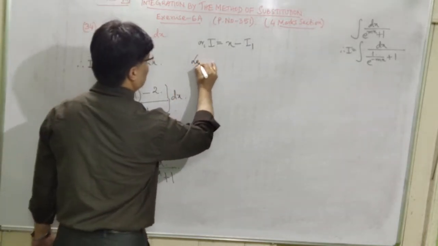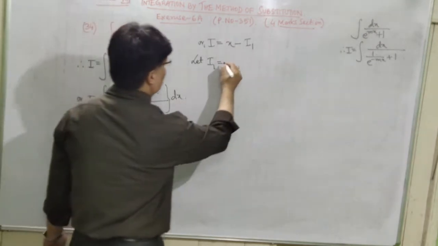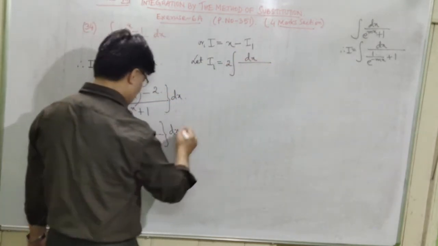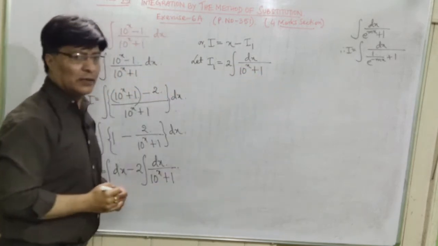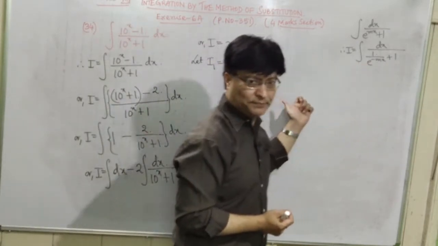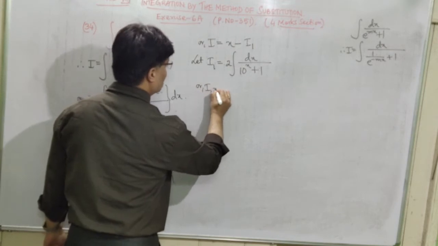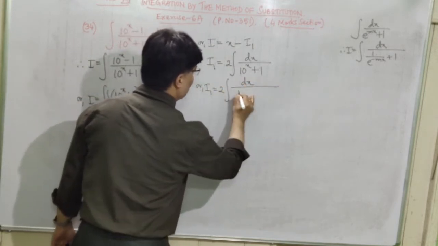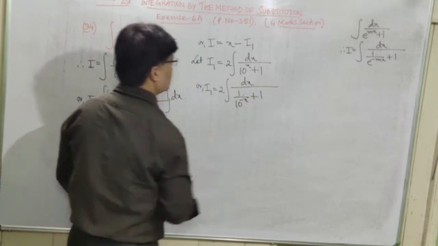So let I1 is equal to, let us take it outside, 2 integral sign dx divided by 10 to the power x plus 1. And for this integration, you can use this method here. Or I1 is equal to 2 integral sign dx divided by 1 upon 10 to the power minus x plus 1.